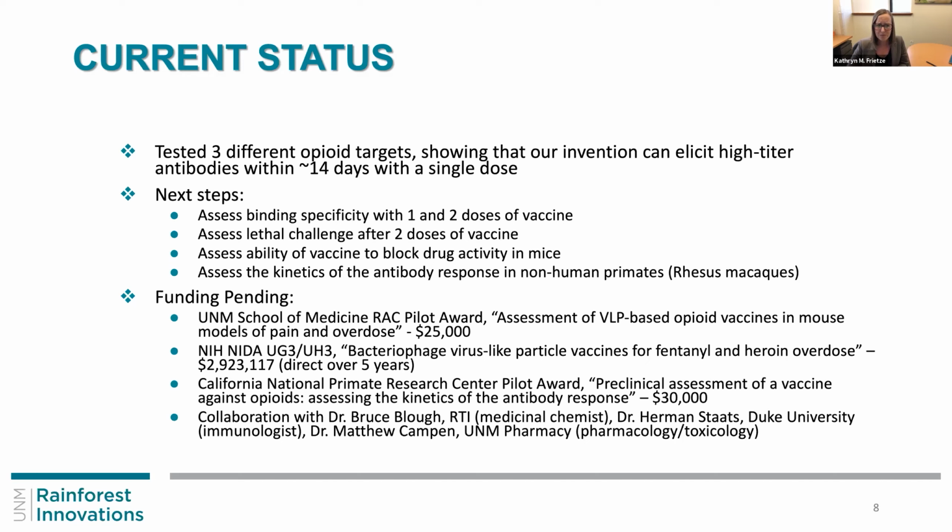And so the next steps that we're focused on: one is we're looking at binding specificity using just a single dose or 2 doses of vaccine. This is important because as we move toward putting this into patients, it's going to be important to make sure that the antibodies that we elicit are binding to the drug that we want and not other things like endogenous opioids or other opioid drugs that we might not want to target.